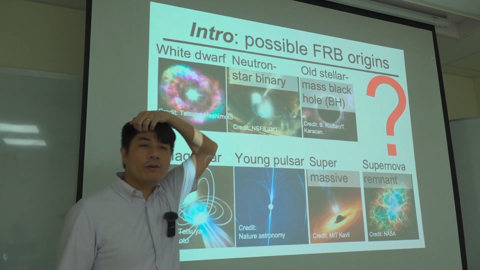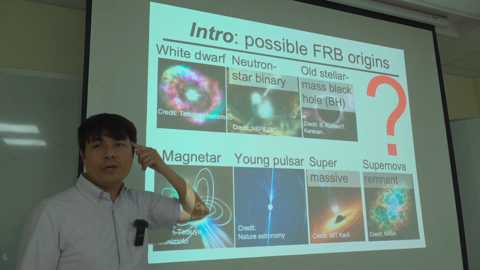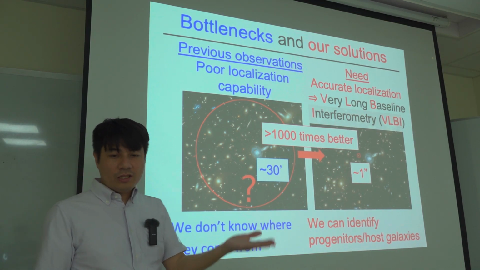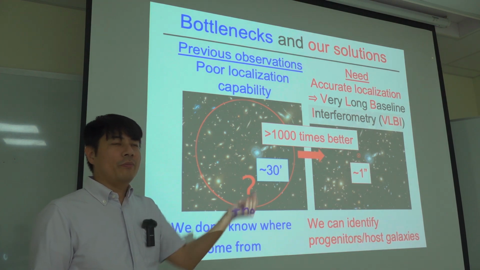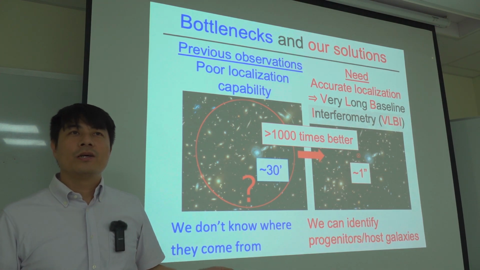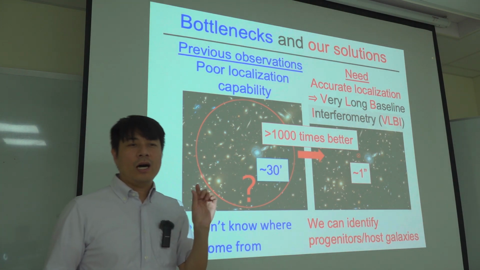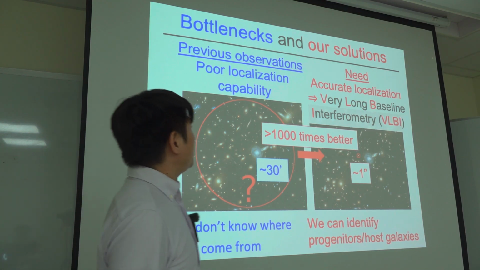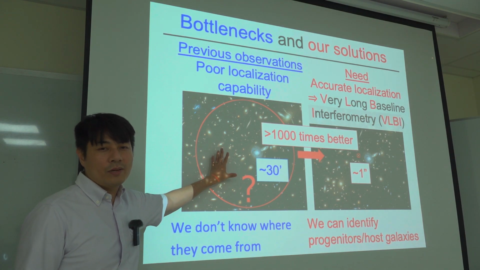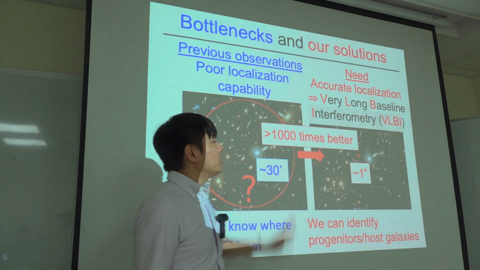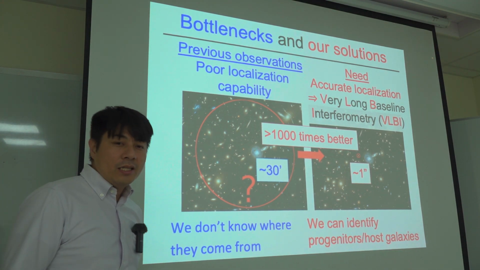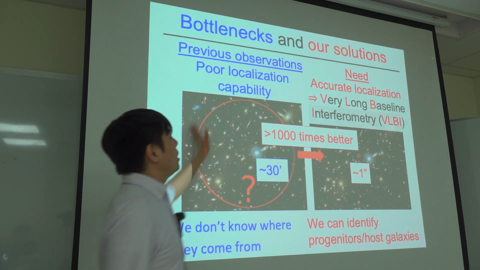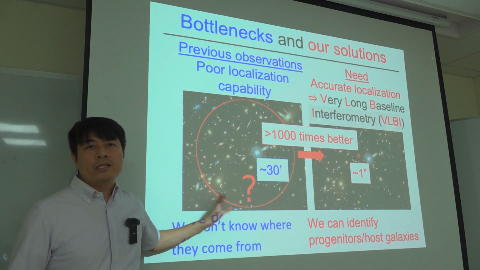This is mainly because the position of an FRB is hard to find. You know, an FRB is an instant moment. It only appears for 1 millisecond and then disappears. Within such a short moment, it's hard to measure the distance and location of FRBs precisely. So for many cases, not everything, the current situation is that they can detect FRBs using a telescope, but when they detect an FRB, its position on the sky is uncertain.